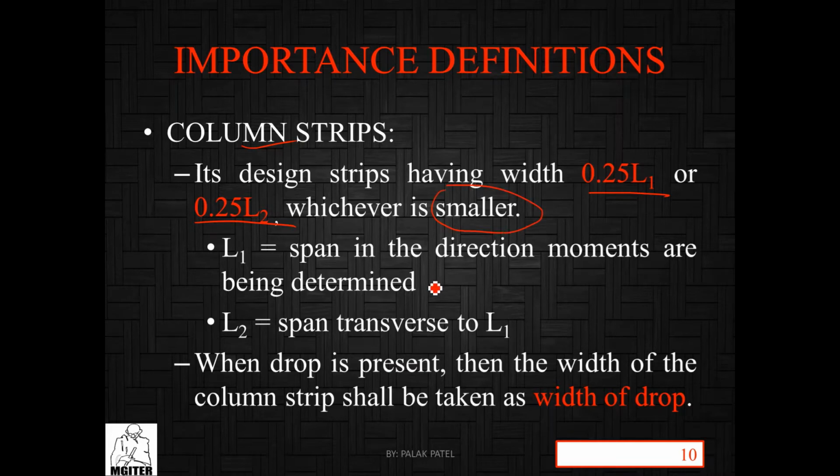L1 is the span in the direction moments are being determined, and L2 is the span transverse to L1. Simple logic, L1 means the longer span, L2 means the shorter span. Right? But column strip width also depends on the drop.